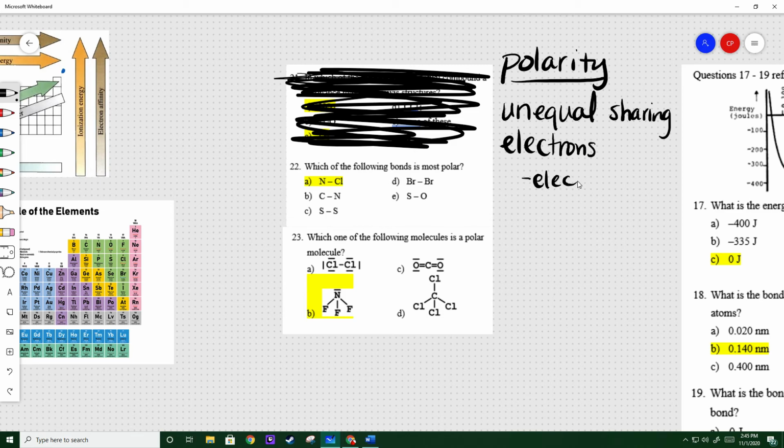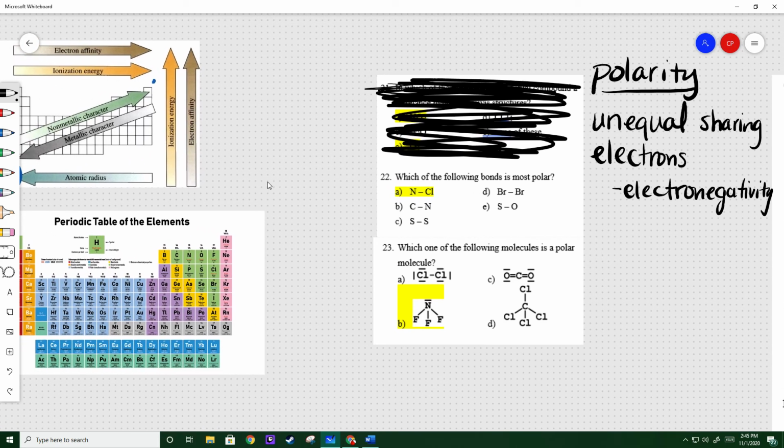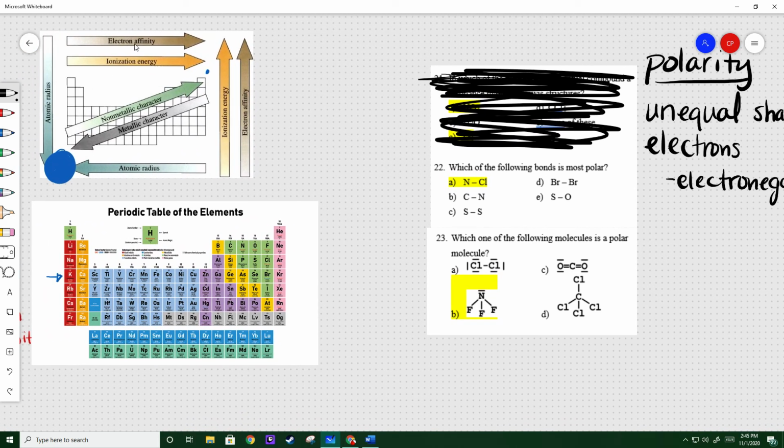The higher the difference in electronegativity between the two, the more polarity you're going to have. So when we're talking about bonds, that's how you would figure it out. Okay, so if we go back to our trends, we see electronegativity follows the same as ionization energy, except we're not going to have any electronegativity for the noble gases.